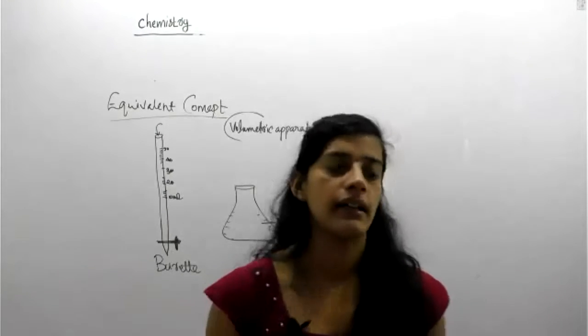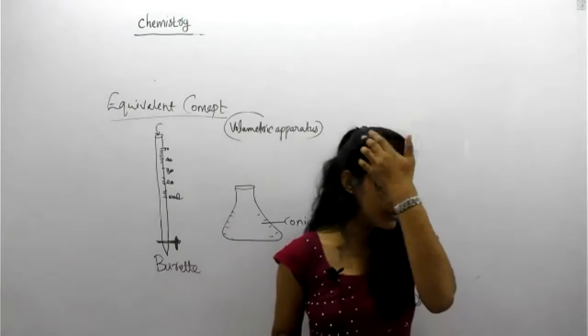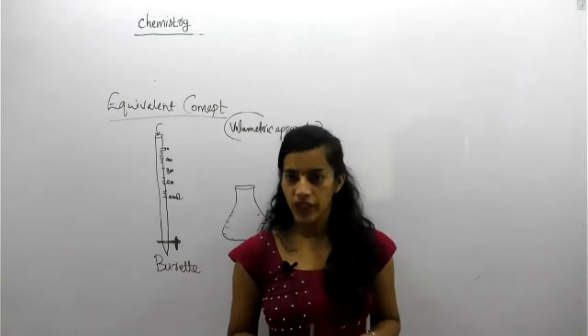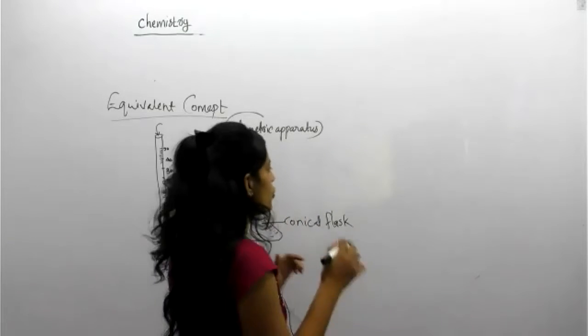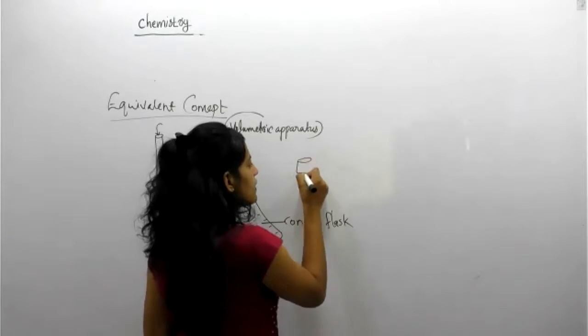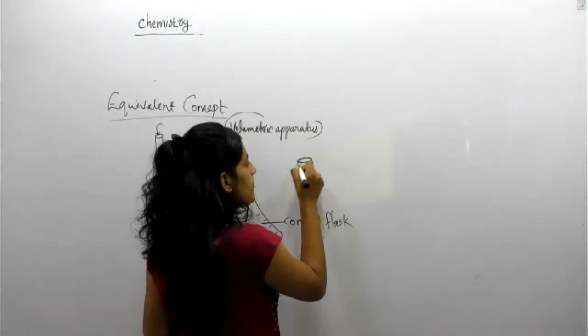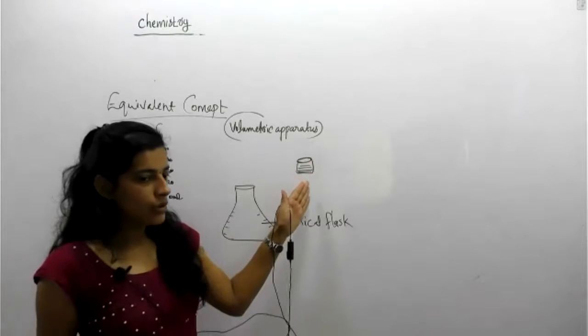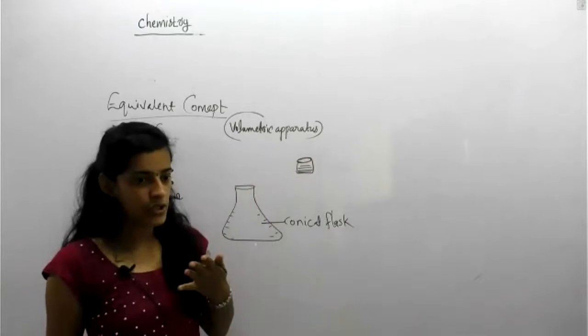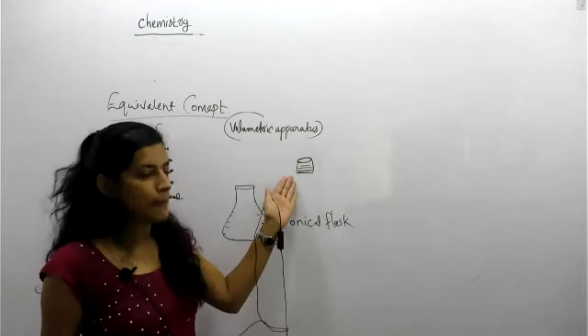Suppose the experiment is happening in your lab. Your chemistry teacher says, I'm giving you an unknown sample. This is a small beaker. Suppose I'm your teacher, and I give some sample in the beaker.